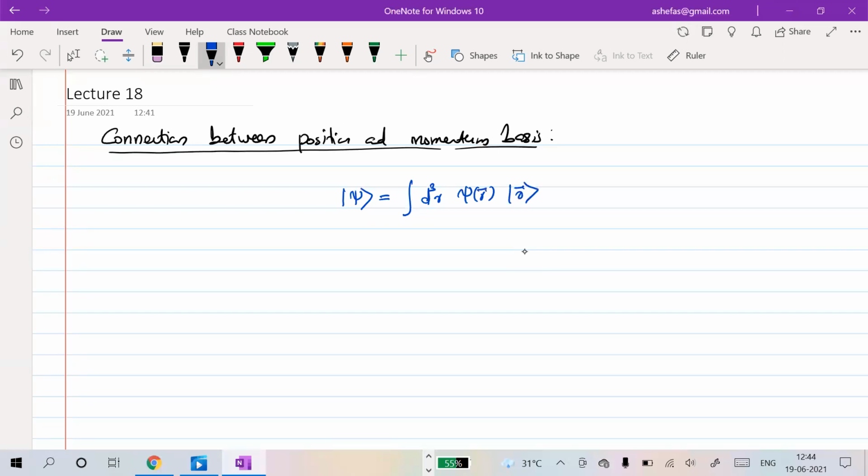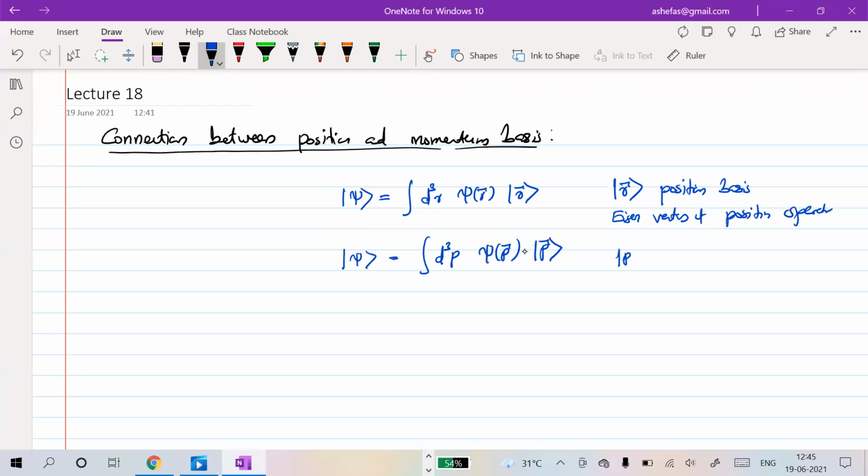And the same thing in the momentum basis, we can express as integral d cube p, psi of p, the vector p. Again, this ket r represents the position basis. These are the eigenvectors of the position operator.